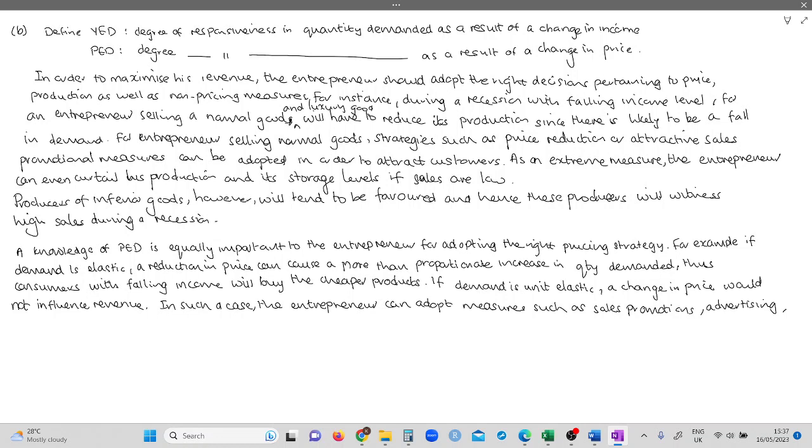Okay, then we can also say that a notion of PED can also be helpful in situations if the cost of production increases.